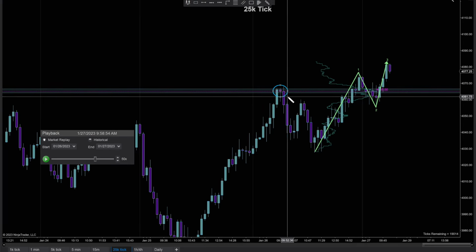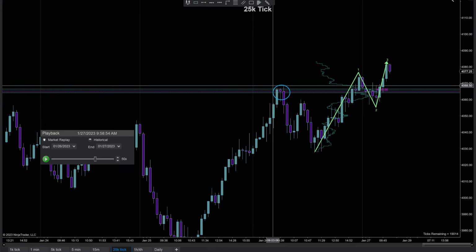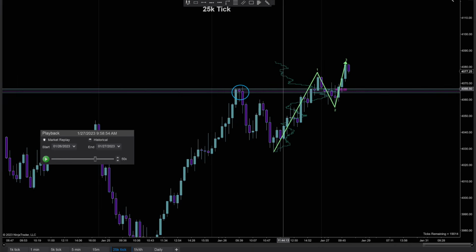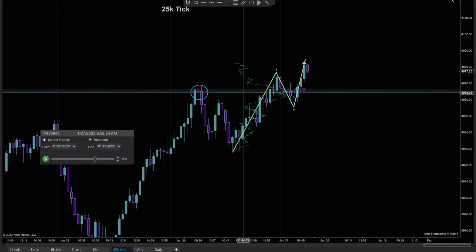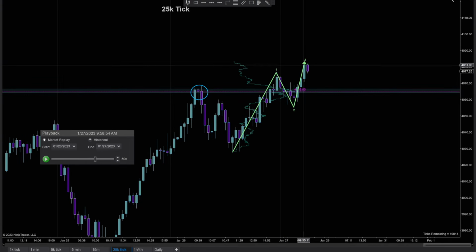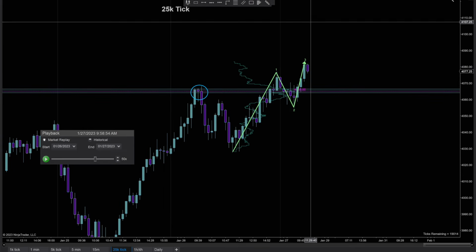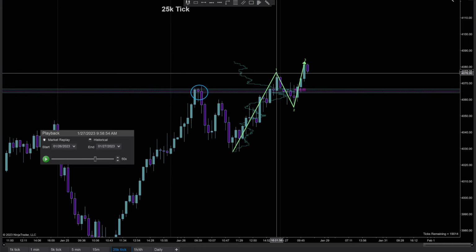A lot of added conviction because we have volume and support and resistance lining up together. Again, this is the last minor swing point here as well. This would not be enough of a pullback for me based on the current price action. I would need this to go much higher for me to want to enter here. It's just not enough of a retracement.